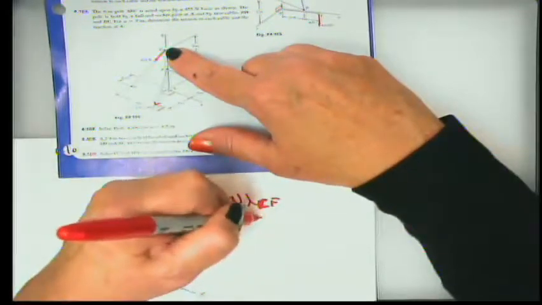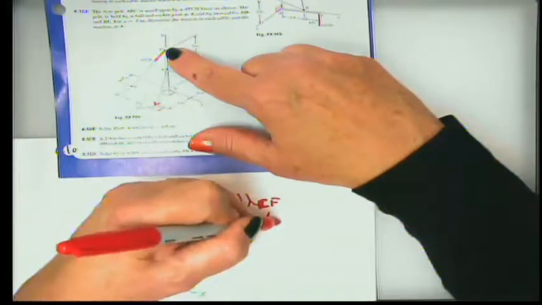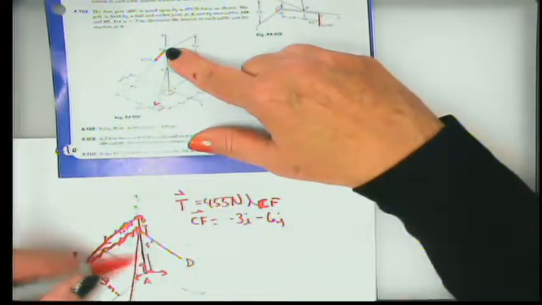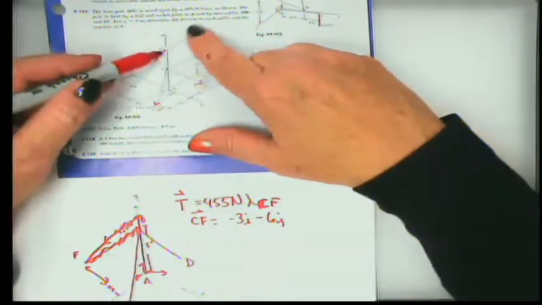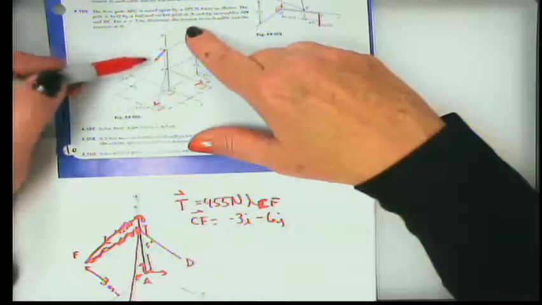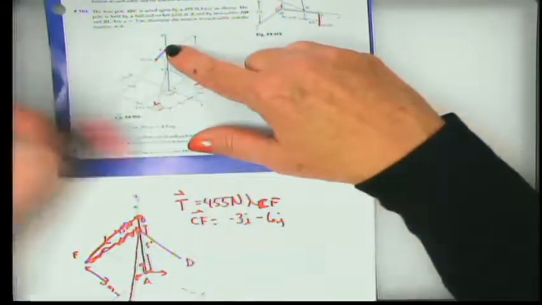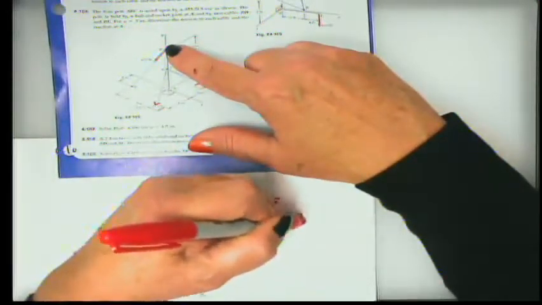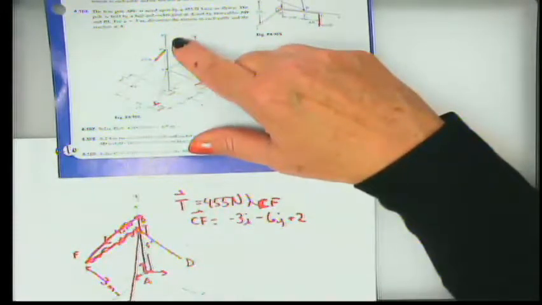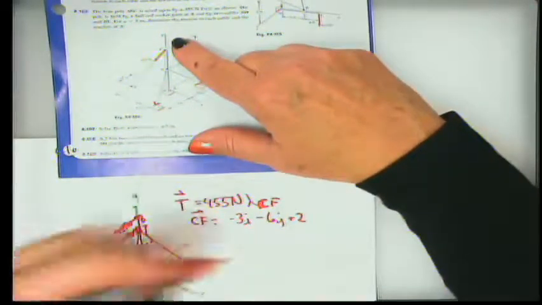In the J direction, we're going down 6 meters. On both of the other two, we were only going down 3 meters, but this is 6 meters. And then in the Z direction, we're coming out of the plane of the paper, which is positive, 2 meters.